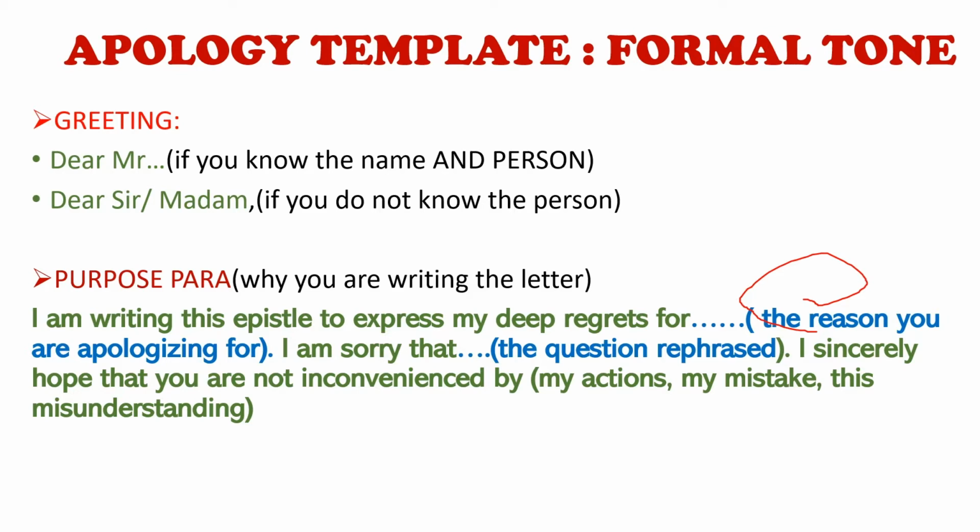According to the situation, whether a meeting or some event or some call for action, like you were called to give a presentation but you misunderstood that it was not on Monday but on Tuesday and you missed it, so misunderstanding. According to the purpose and the question prompt, you will choose any one. Don't write all three, choose any one: not inconvenienced by my action, or by my mistake, or by this misunderstanding.